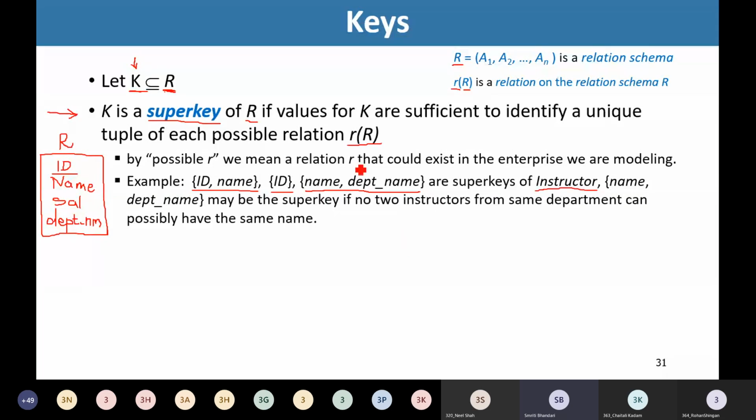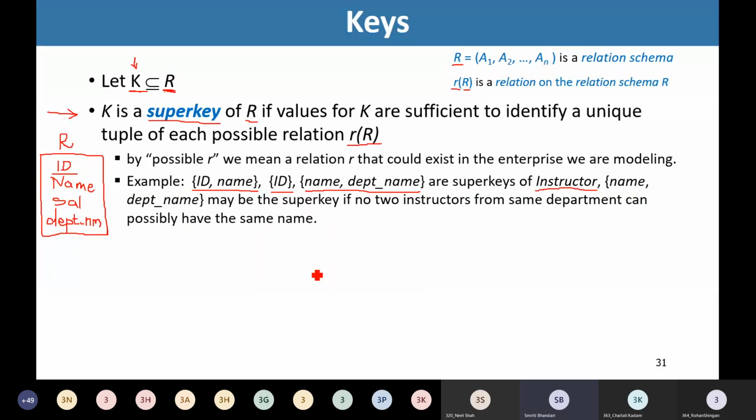Now I am saying that all these three, ID and name is a subset, ID is a subset, name and department name is also a subset of instructor schema, right? So I am saying that all these subsets form my super keys of schema instructor.